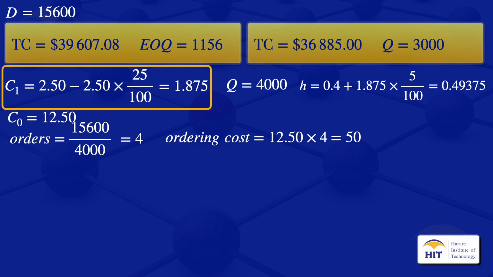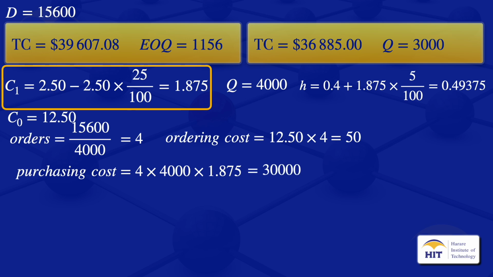So our purchasing cost will be the number of orders, 4, multiplied by the ordering quantity, 4,000, multiplied by the purchasing cost per unit, 1.875. And that will give us 30,000. So that's the purchasing cost per year there.